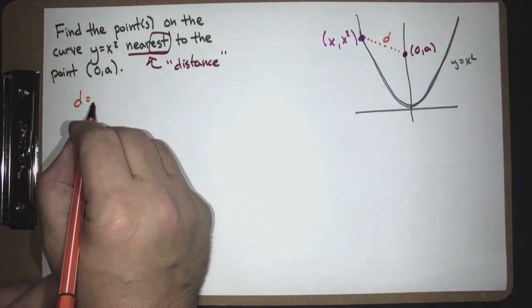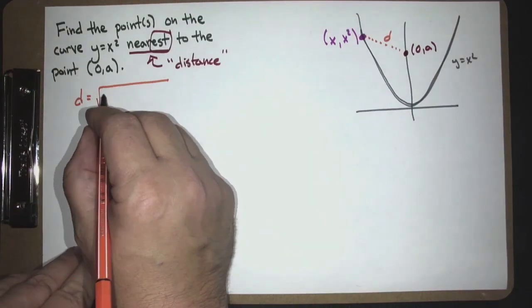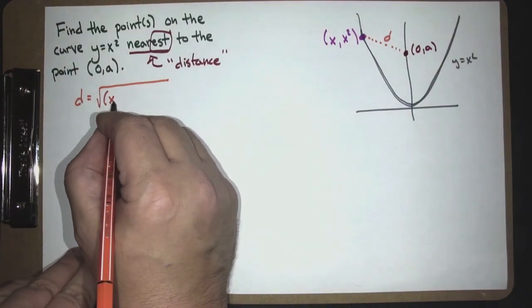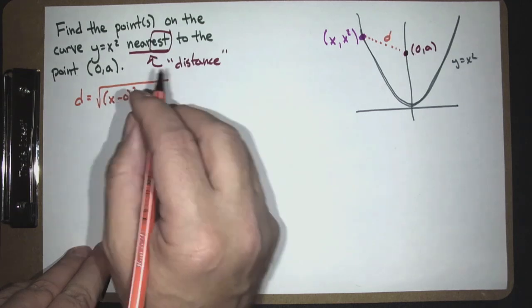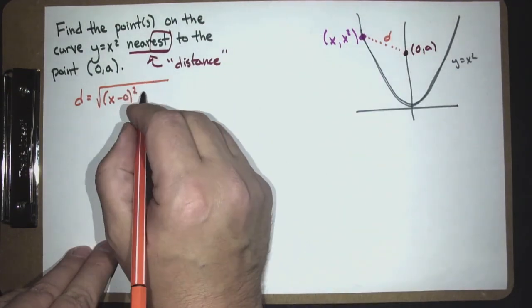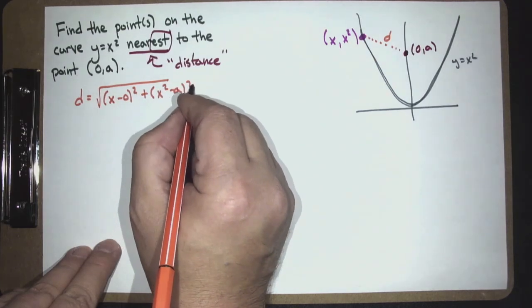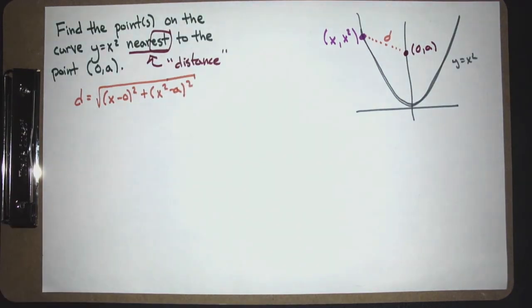Distance is the square root of, you take your x minus 0 squared. So look at your x coordinate entries. Take their difference squared. Then x squared minus a quantity squared. So this looks like the function we want to optimize.